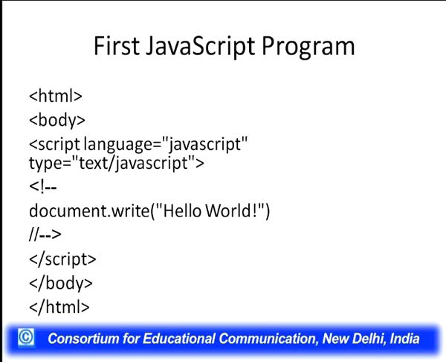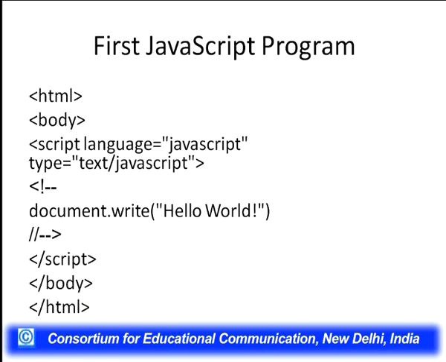You can see here the simplest scripting command that is used is document.write. In the previous lecture we had discussed the different objects in a JavaScript program, that is, the document object model.